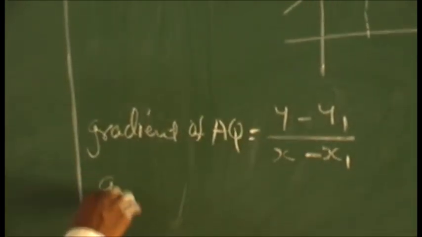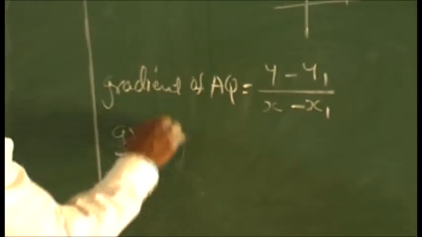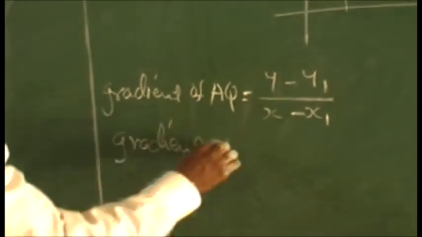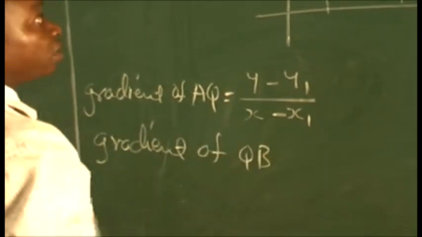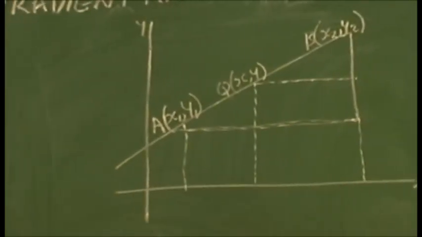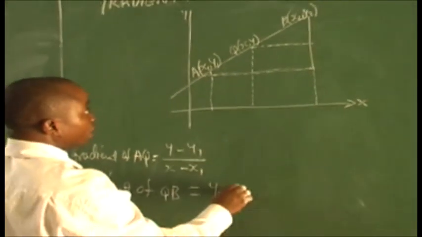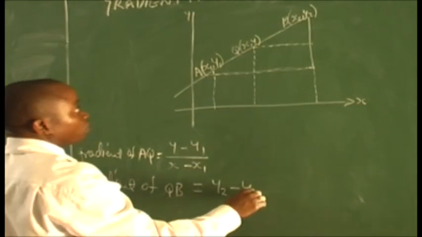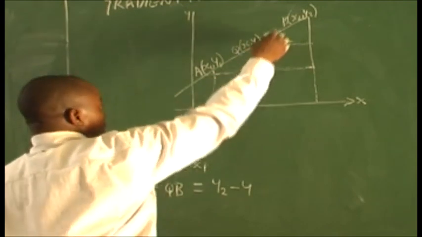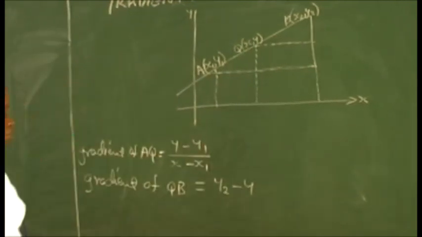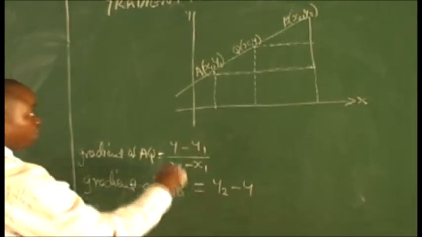Now let's also look at the gradient of AB, this and this.